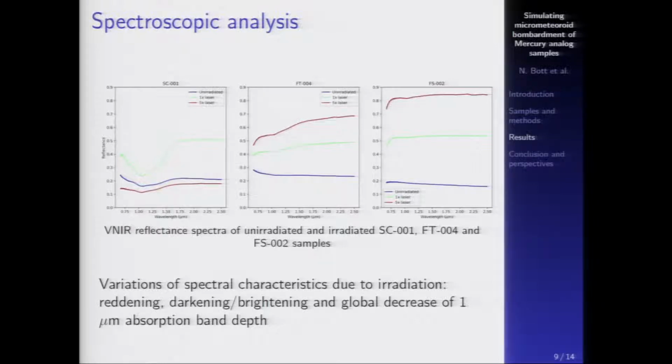For example, with the San Carlos olivine, we have a darkening of the sample, a little reddening, and also a decrease of the 1 micron spectral absorption band depth. Whereas for the two lower iron samples, we have a brightening, and we also have a reddening and a decrease of the absorption band depth, especially for the lowest iron content sample.